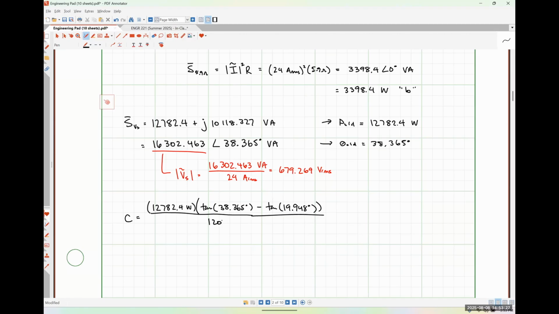All over 120 pi times 679.269 volts RMS squared. Give me just a moment to save a couple of things in my calculator.